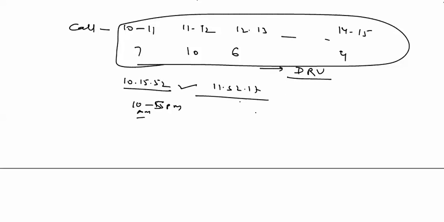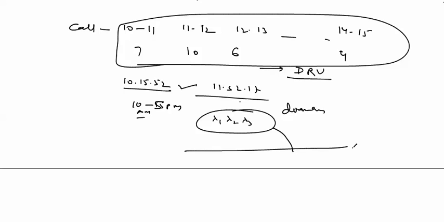Value assignment to the outcome of an event is known as random variable. I assume a domain has multiple outcomes lambda 1, lambda 2, lambda 3. I assign values on the real axis, known as random variable x.